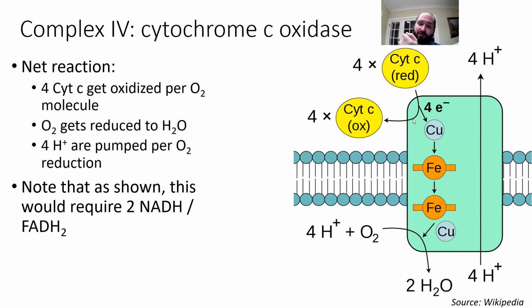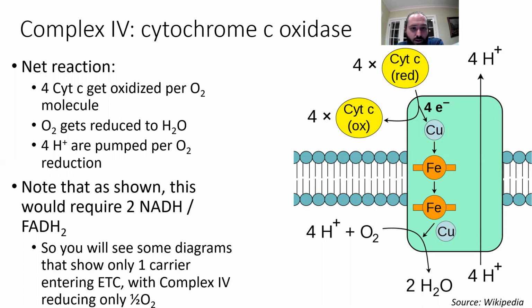The purpose of having figures that show the 4 as opposed to the 2 is that it takes 4 electrons to reduce a single oxygen molecule. So this is from the perspective of oxygen, if that makes sense. Whereas from the perspective of the electron carriers, it actually requires 2 electron carriers for a total of 4 electrons. Does that make sense? Any questions? Sweet. So don't get confused when you see some would have 2 and some would have 4.